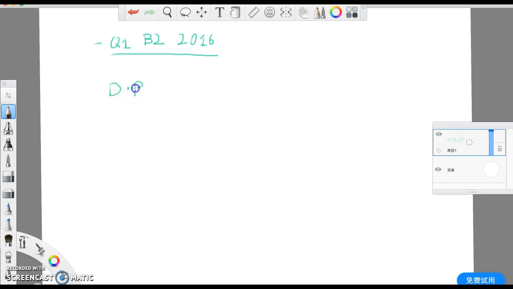So d dot b is 0, and d and b are just two four vectors. This is a special relativity exam, by the way, if you're not from Oxford.